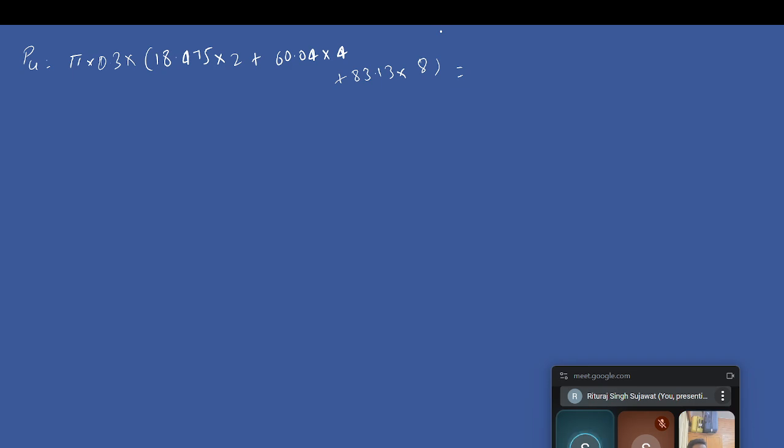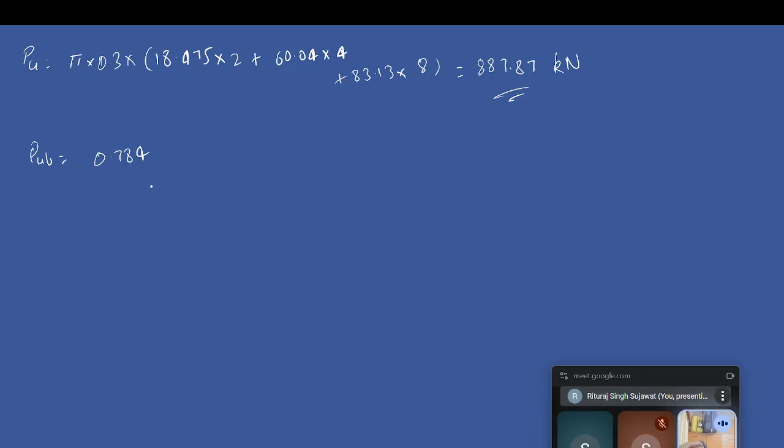Just calculate this. At the same time, we'll calculate the base resistance which is available. It's 887.87 kilonewton, right?